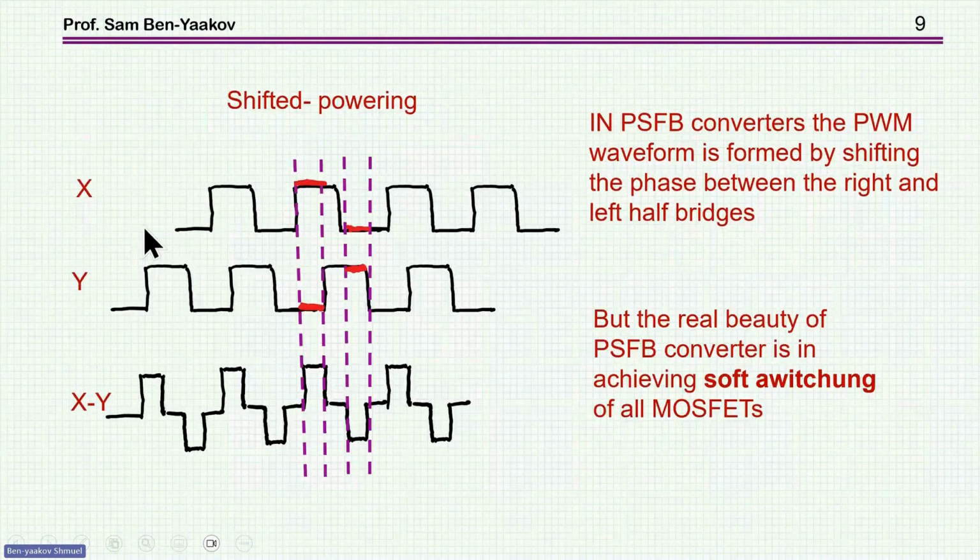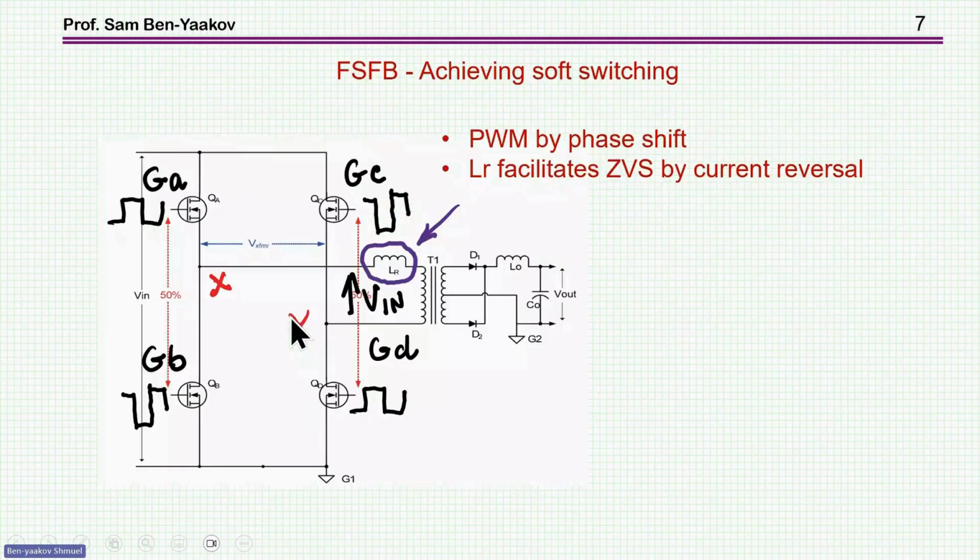However, if you shift one of them, then you have now a situation, again, you're not doing anything to the duty cycle, we just shift the whole 50% square wave, then you have a situation in which one, say, X is high and Y is low. If X is high and Y is low, then you have a positive voltage fed, the whole voltage actually, fed to the transformer.